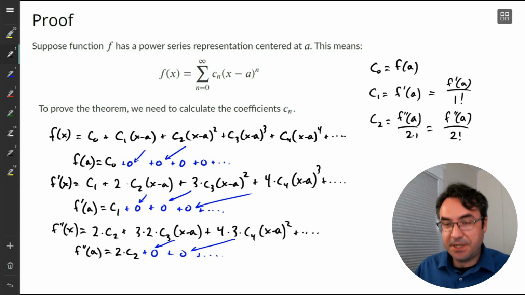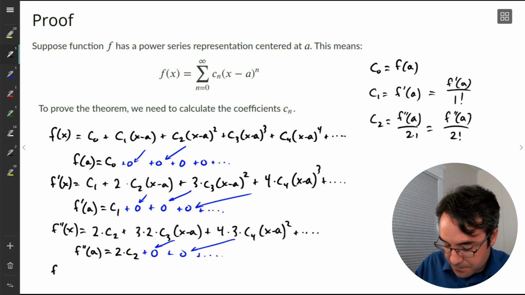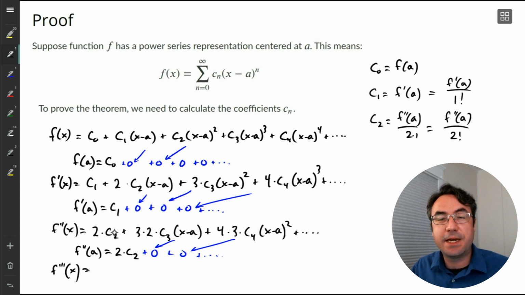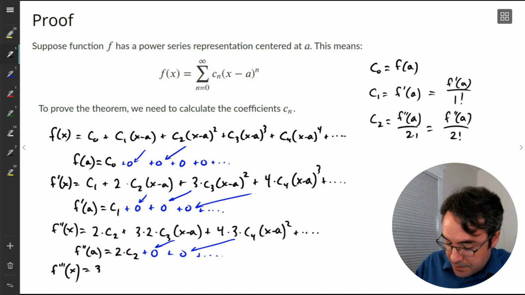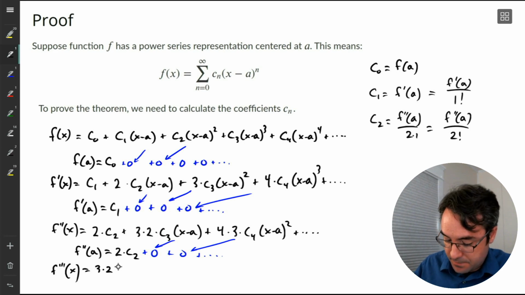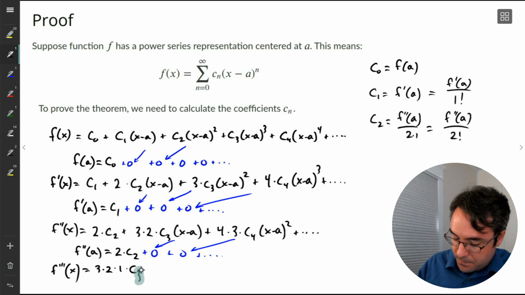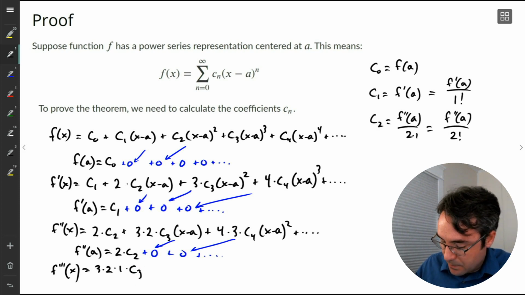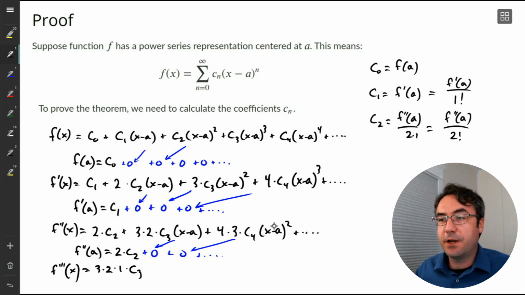And just to see what this is going to look like, let's calculate the third derivative. So when we differentiate, the 2 times c2 is a constant, and differentiates to 0. When we differentiate the next piece, we're going to have 3 times 2, and then really we can always put a multiplication by 1 in, times c3. And then when we differentiate over here, again, power rule, bring the 2 down, we'll put it next to the 3.